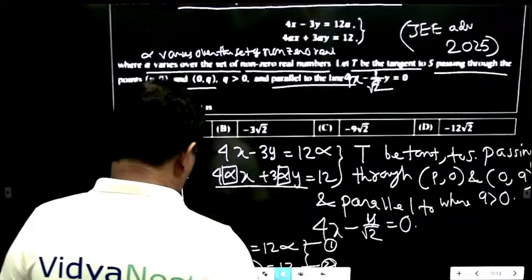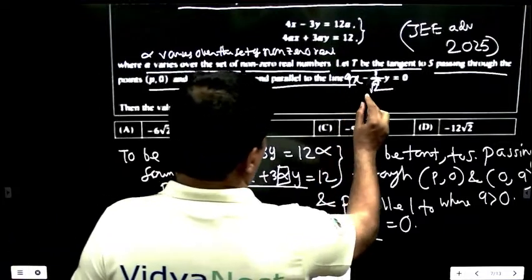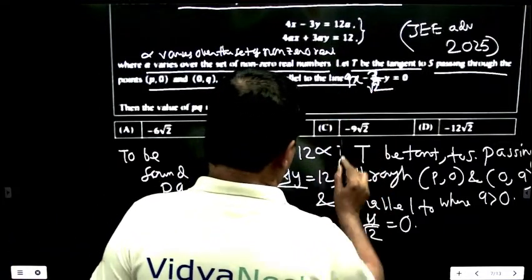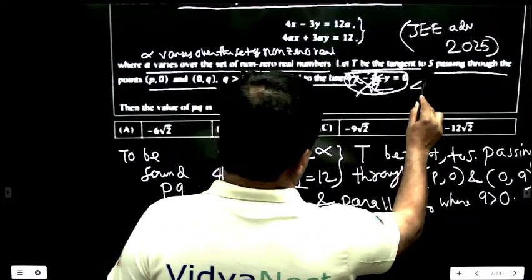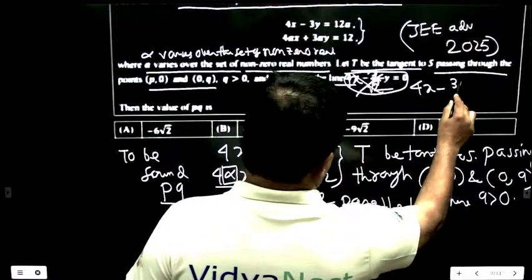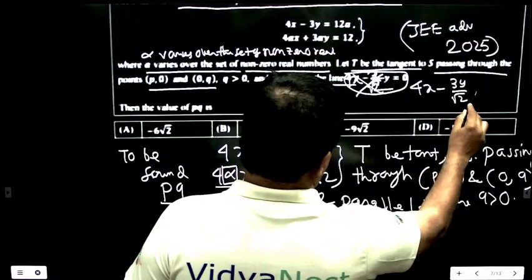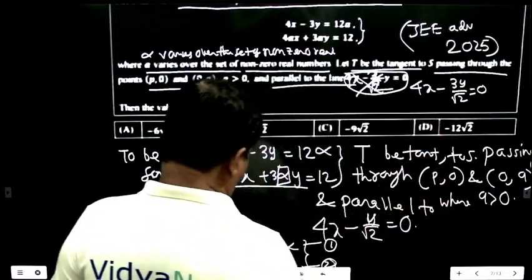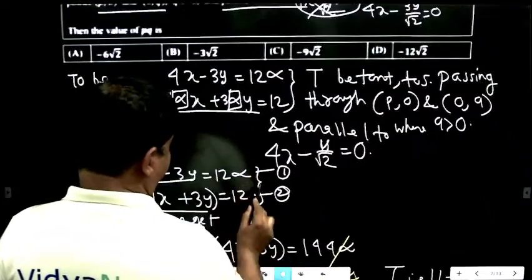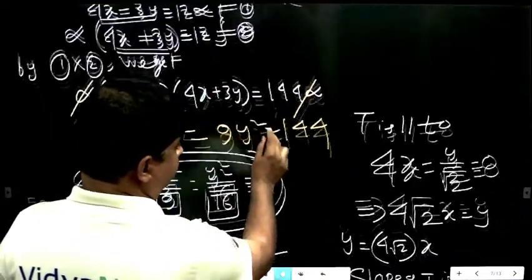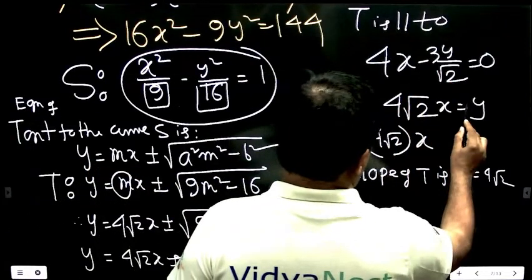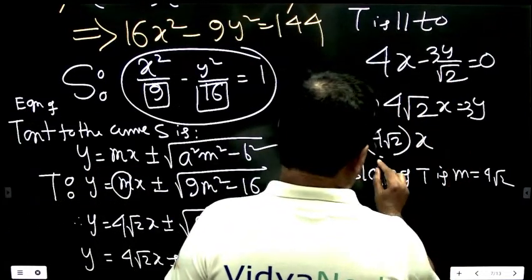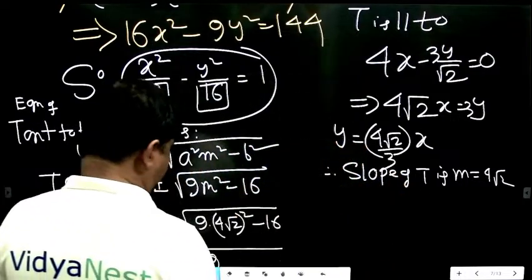There is some problem in this question. It is 3y. 4x, just rectify. You can see here's the question, JEE Advanced 25. It is 3 root 2, I missed out that 3. 4 root 2 by 3, okay.